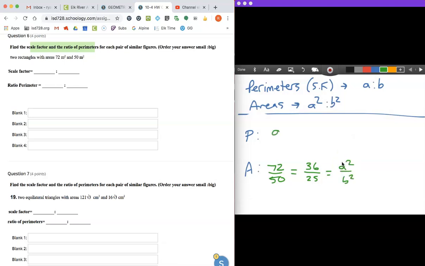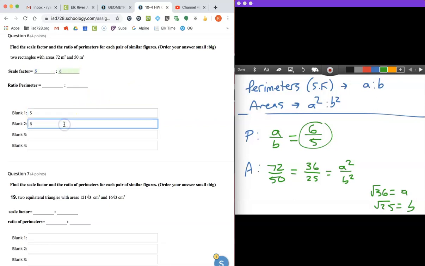What I want is A to B. If I know that 36 is A squared, the square root of 36 is A. The square root of 25 is B. The square root of 36 is 6, and the square root of 25 is 5. So 6 to 5 is my new scale factor, except they want answers small to big. So that'll be 5 to 6 and 5 to 6.